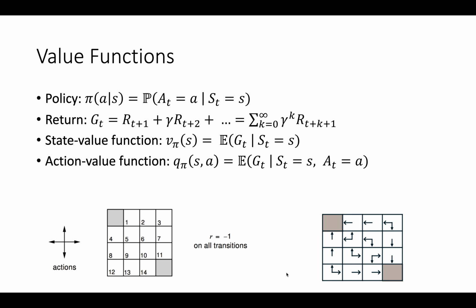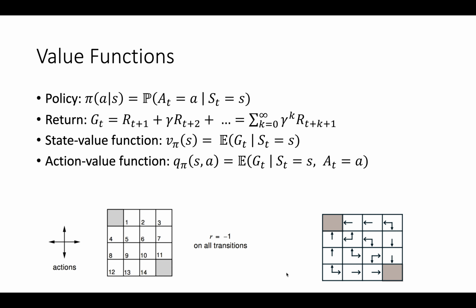So the next value function is the action value function. It tells us if we're in state S and we take action A, what's the expected return we get under some policy pi. In our example, if we're in state 3, we take action left, we get a value of -3 because we get a reward of -1 by traveling to state 2, and then the value of state 2 is just -2.